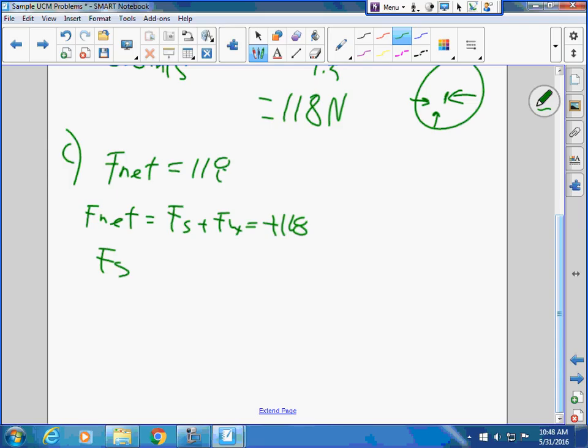The weight force is going to be mass times gravity.